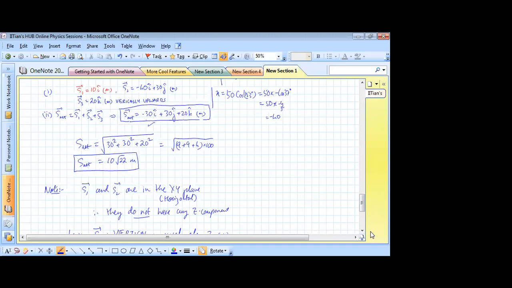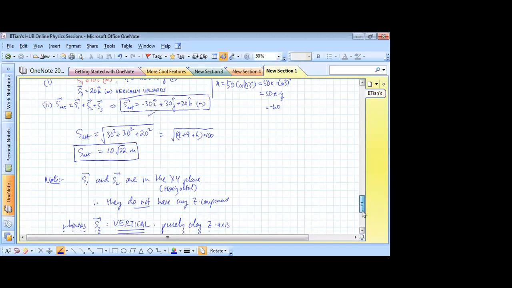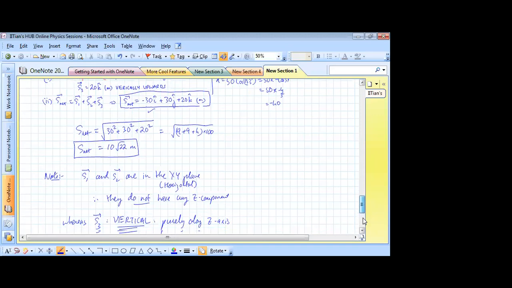That's the next part we will learn. Okay, so 10 root 22, and now these are the additional points.